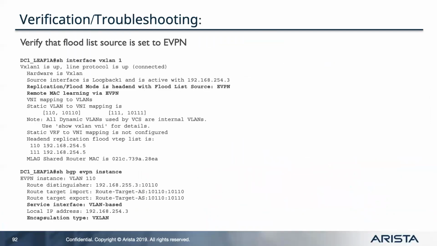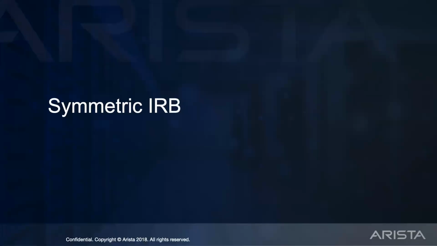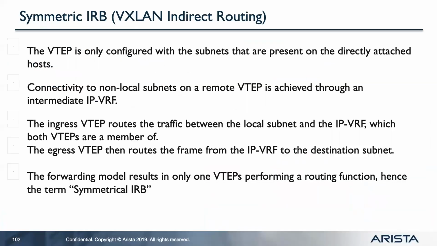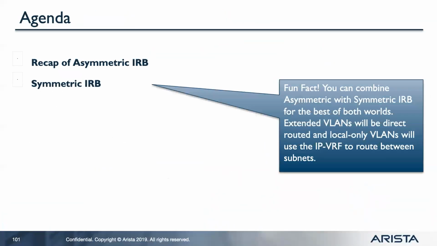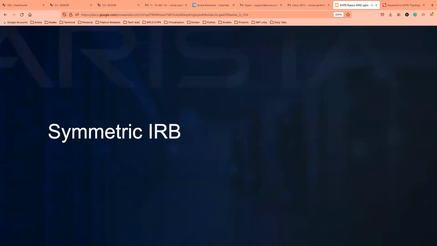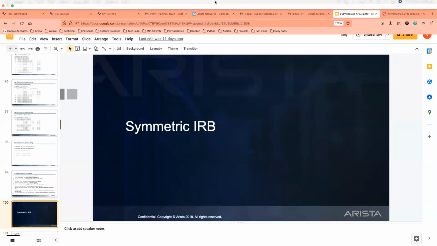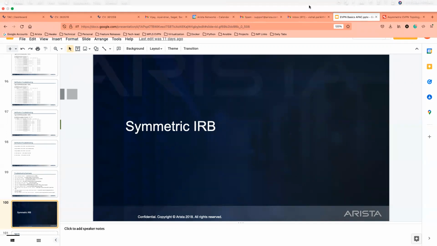That will be the end of our asymmetric topic, and then we will discuss the concept of symmetric IRB, which is a little bit complex, followed by lab and configuration of it. Then we'll see if we need to do centralized, but otherwise it's a combination of this. So we'll see that. Okay, let me stop recording.